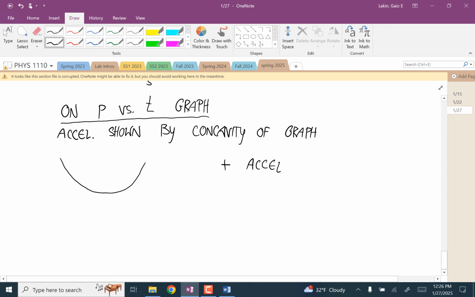If the instant you're looking at is on a part of the graph that's a line, it doesn't matter what the slope is, then the acceleration is 0.